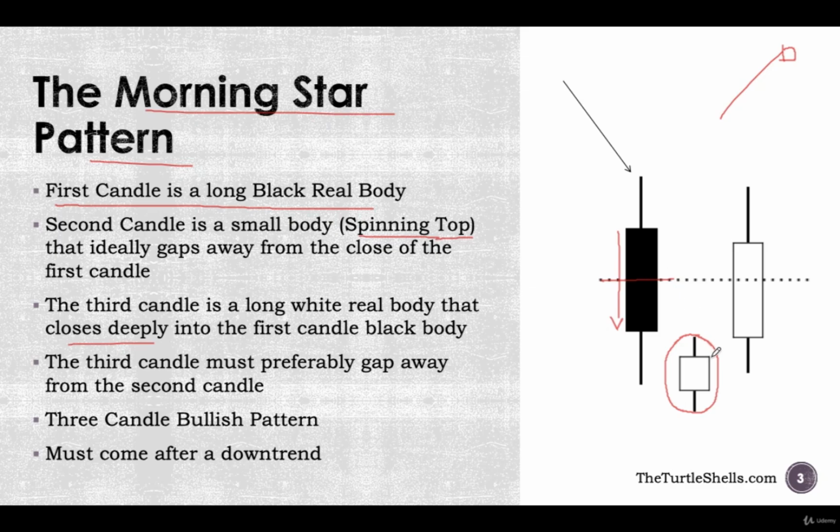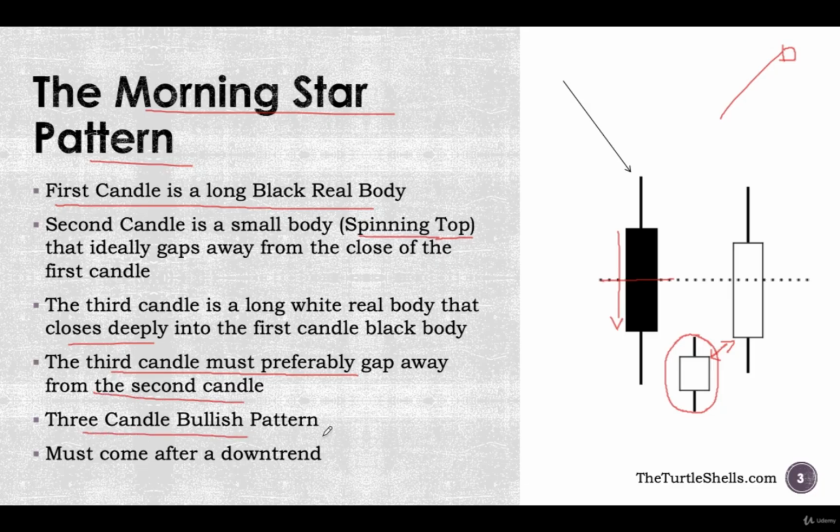Another thing is, it should also gap away from the second candle, which means there should be a gap up opening. If the shadows are touching, that is fine, but the bodies should not touch. So the third candle must preferably gap away from the second candle.